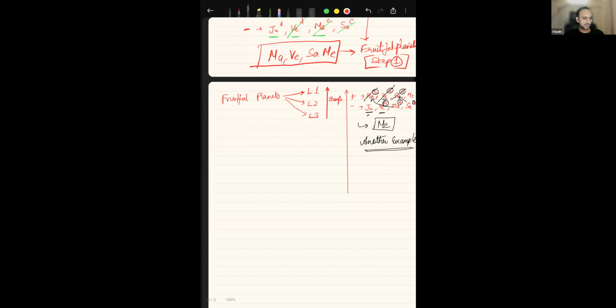L1 being the strongest, L3 being the weakest. I mean, it's not weakest, but in getting a job done, L1 will be the most powerful. So now let's look at some rules to get these L1, L2, L3.